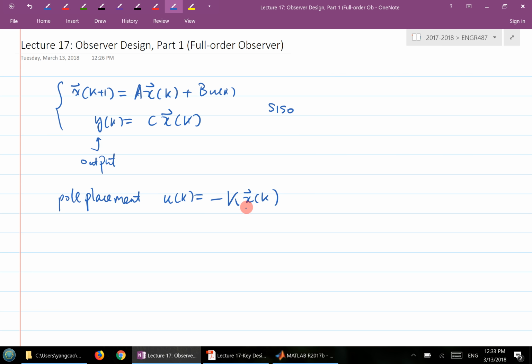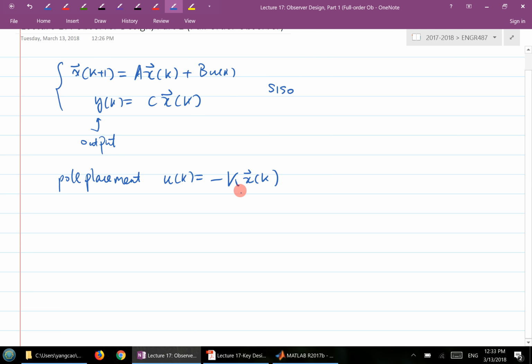If you look at this simple pole placement design, there are a couple of issues. First of all, there's an assumption: you use this gain k, which you calculated offline based on certain poles, times the state variables x, to generate the control input.